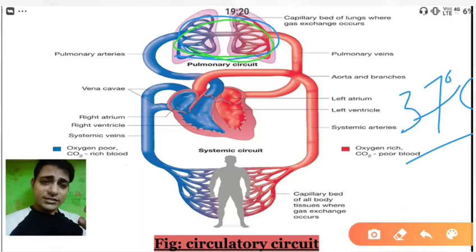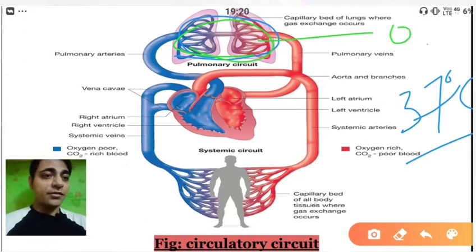They collect deoxygenated blood and purify it, meaning they release carbon dioxide and take in oxygen. That is known as purification. They do it through their balloon-like structures, the alveoli. So inside the lung, blood is purified, meaning it becomes oxygen-rich blood.